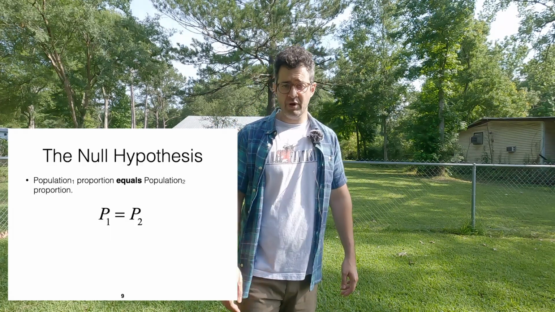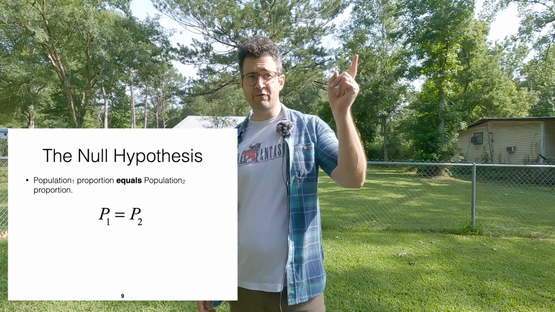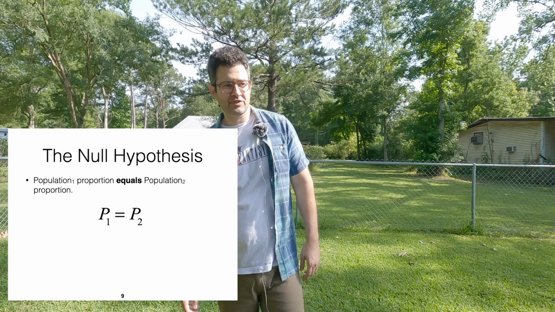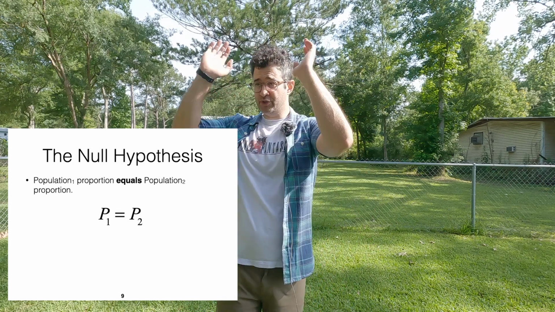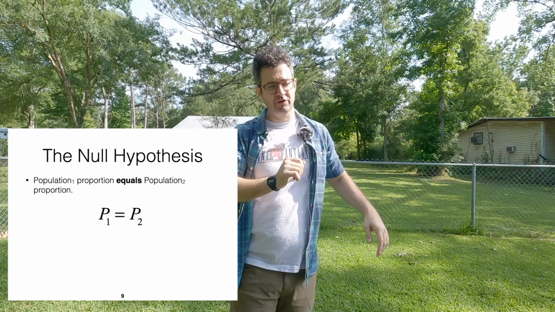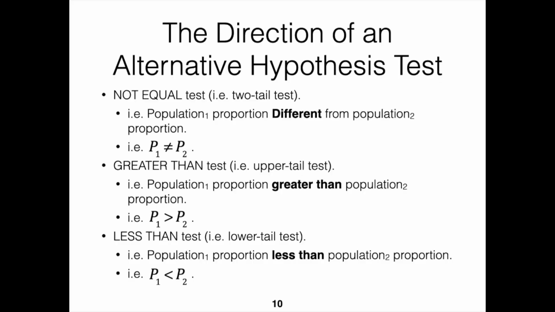Again, when it comes to this null hypothesis, it's always going to have one format, that doubting scientist hypothesis. It's always going to say that the proportion for one group is the same as the proportion for the other group. When it comes to the alternative hypothesis, we have some choices. It could either be a not equal to test, a less than test, or a greater than test.